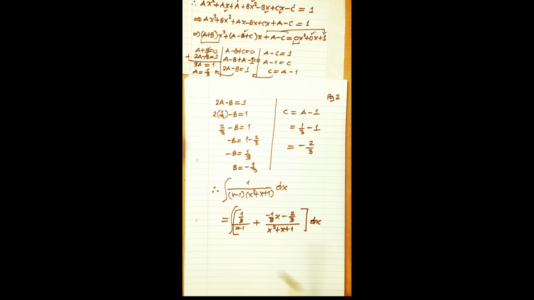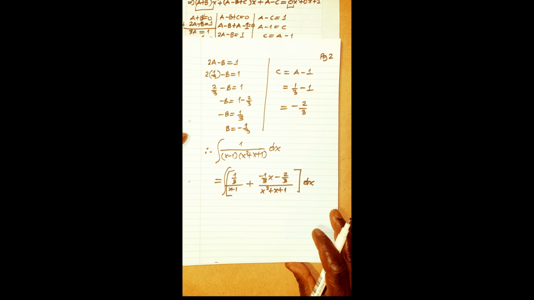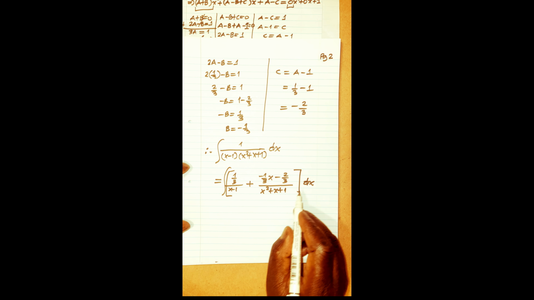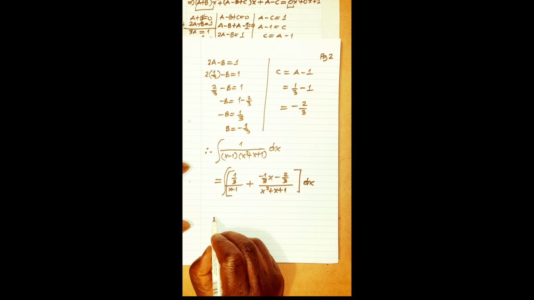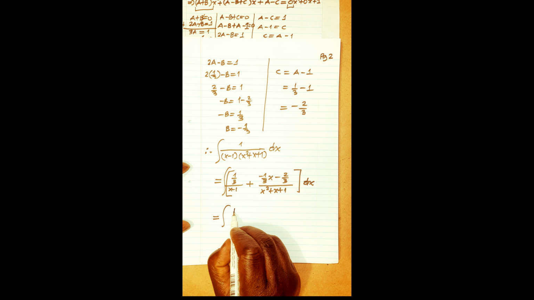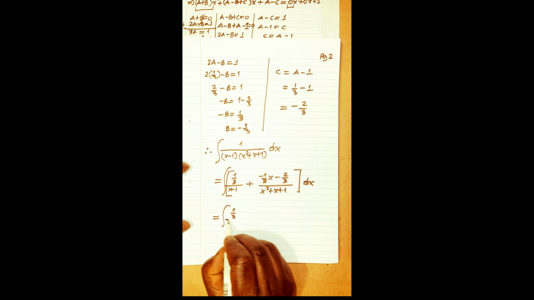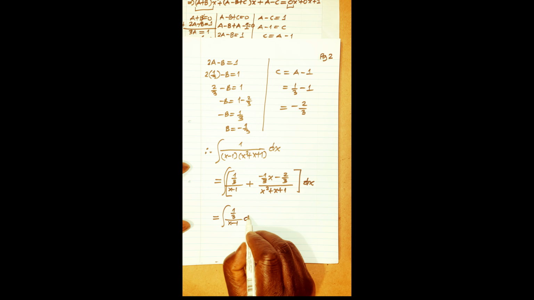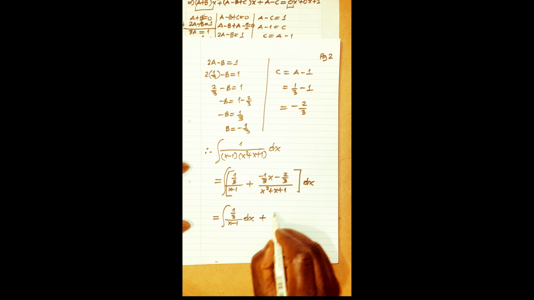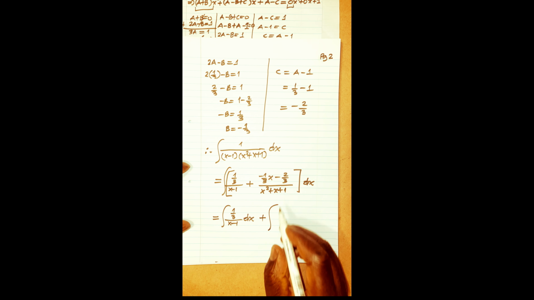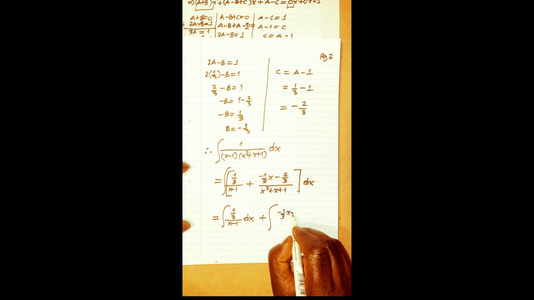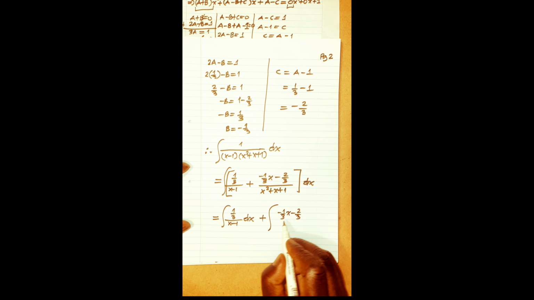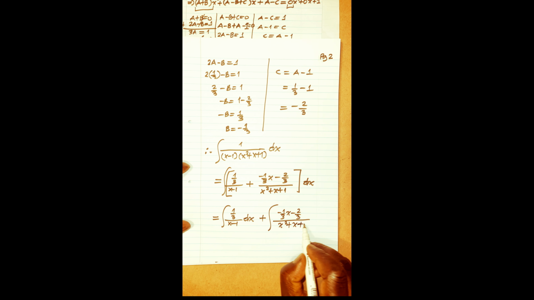Now let's simplify this part now. So simplifying this, distributing dx and the integral there, we have the integral of 1 over 3 all over x minus 1 dx plus the integral of this part here, which is minus 1 over 3 x minus 2/3 all over x squared plus x plus 1 dx.